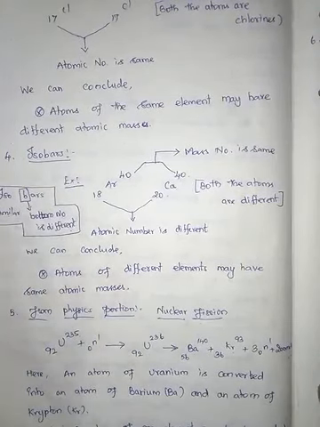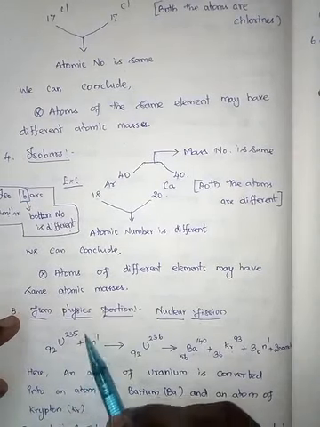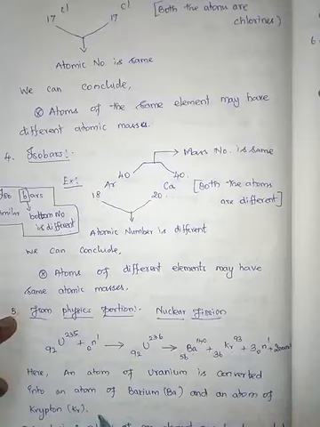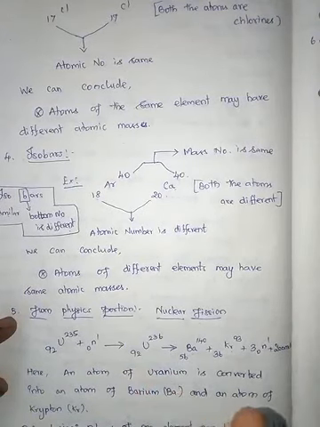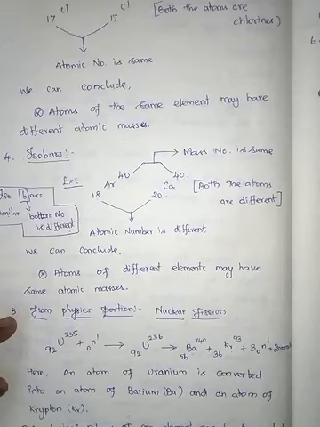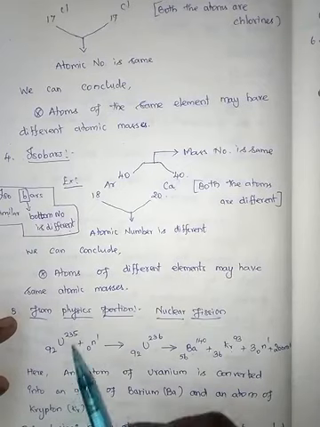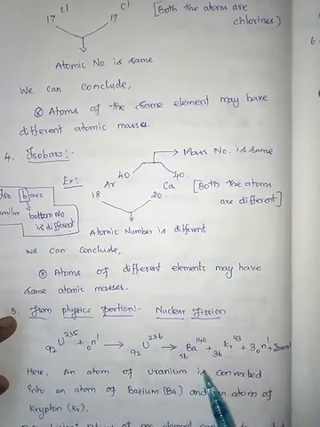So what have we learned from this equation? So far, one atom cannot be converted into another atom. But what does this equation say? If you watch carefully, the uranium atom is converted into barium and krypton.